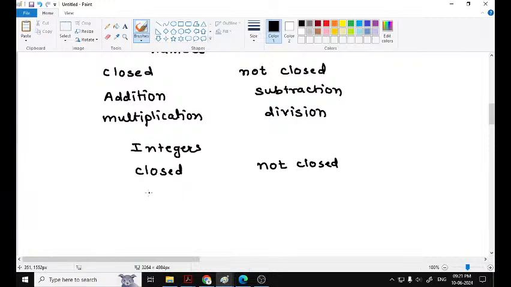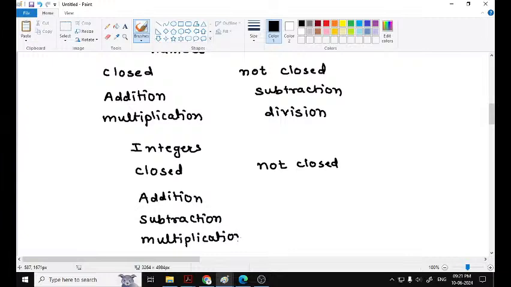Integers are closed under addition, subtraction, multiplication, and integers are not closed under division.